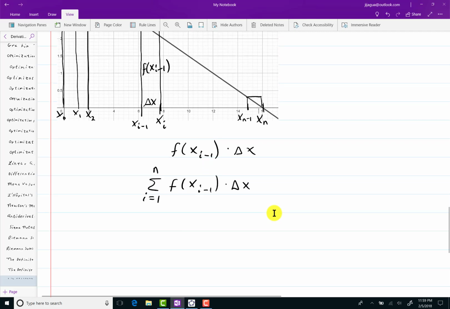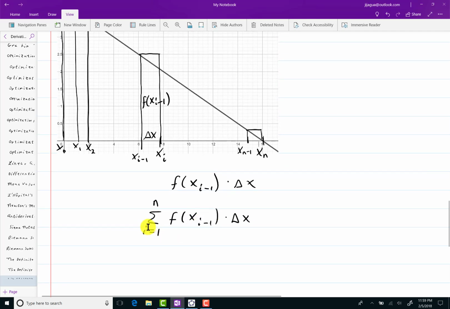Now you can correct this, but I can make this sub i, but then I start i at 0. So I could have, for example, I think I might end up doing this, because I told you starting at 0 is probably something you want to remember for that. Instead of this, I could look at the next one, x sub i plus 1. And note that I still have delta x as my thickness, but now the height of the rectangle is f of xi.